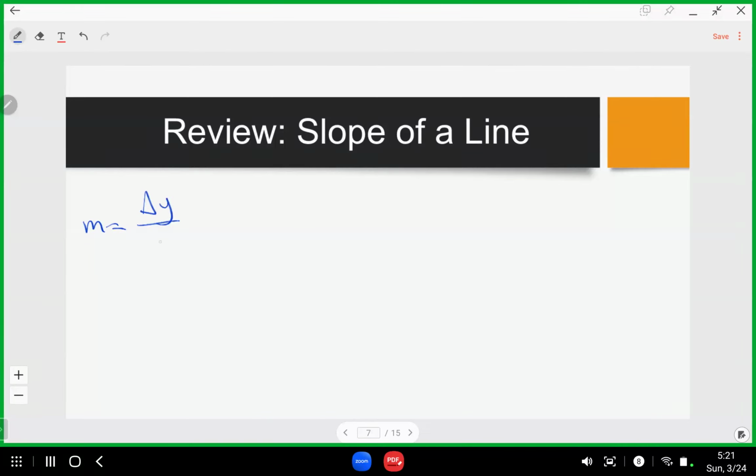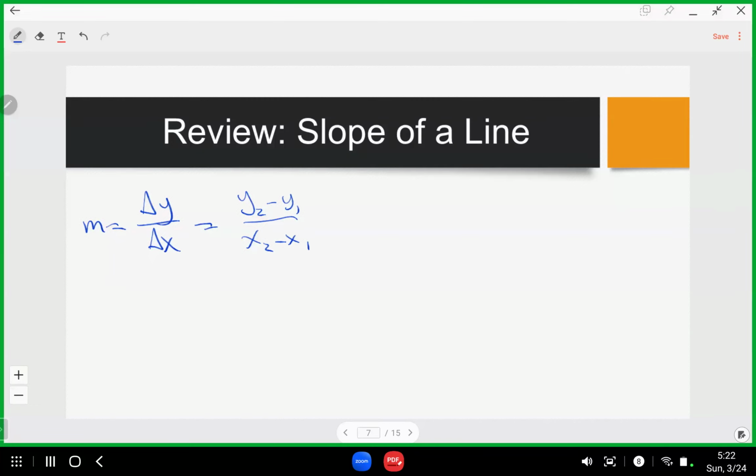Okay, change in y over change in x. Okay, rise over run. Now, whatever you want to remember it as, but usually we go with this. Okay, or x1 minus x2, doesn't really matter as long as we're subtracting points and you're consistent with which point you're subtracting. Okay, it's the same slope.